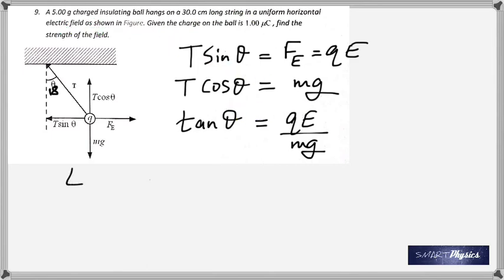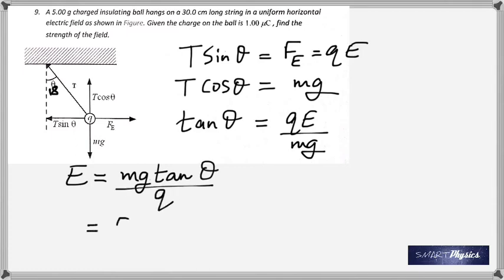So plug those numbers in. This is what you get. Substitute that. The mass is 5 times 10 to the negative 3 grams. You have to change it into kilograms, so you have to divide by 1,000.